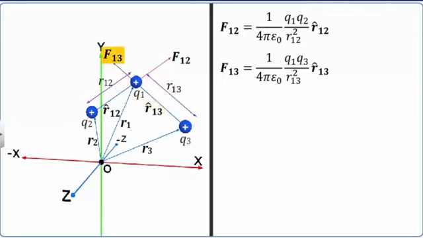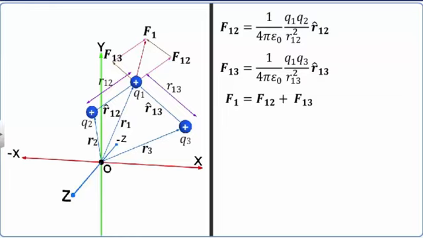To find the net force F1 on Q1 due to the other charges in the system, we should apply the principle of superposition. That is, we should have F1 equal to F12 plus F13 vectorially. This we can do by using the parallelogram law of vectors as shown. Then the direction of F1 will be along the diagonal of that parallelogram.